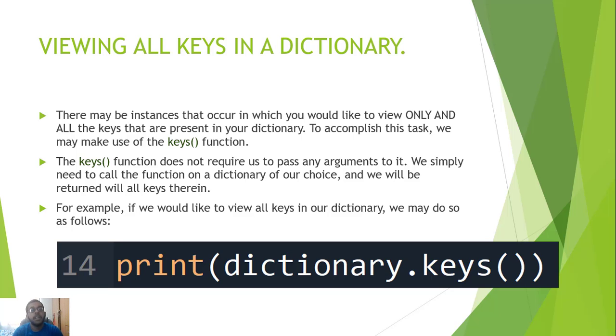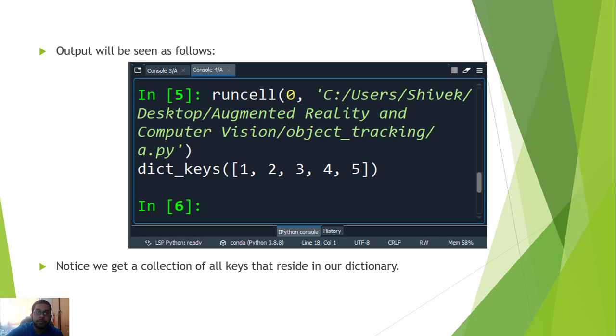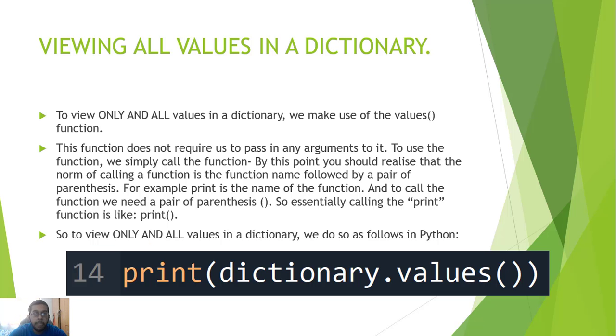For example, if we would like to view all keys in our dictionary, we may do so as follows: print dictionary.keys. Output will be seen as follows: dict keys 1, 2, 3, 4, 5. Notice we get a collection of keys that reside in our dictionary.